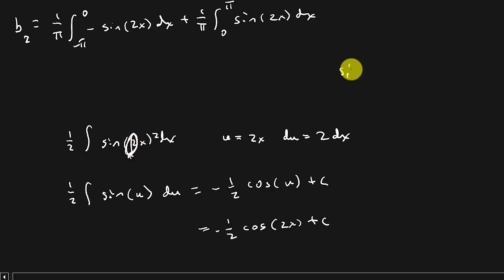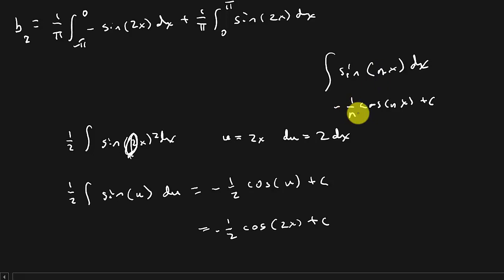In other words, if you had the integral of sine nx dx, where n is just a number, this would be negative cosine nx plus c, and then you would multiply by 1 over n. That would be the antiderivative of sine nx.